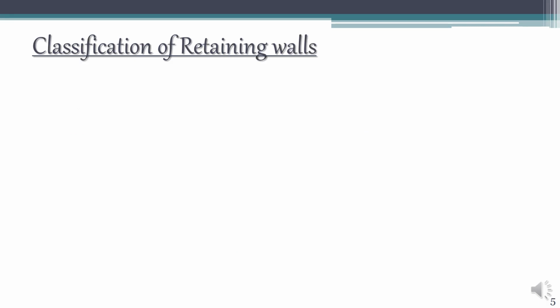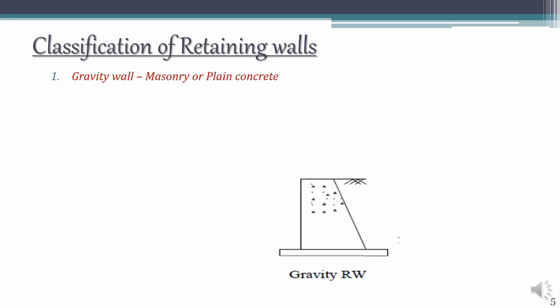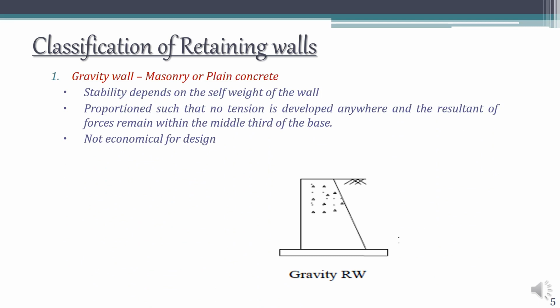Now let's see the different classifications of retaining wall. The first type of retaining wall is the gravity wall, which can be made out of masonry or plain concrete. It works on a principle similar to the gravity dam. The horizontal movement of the structure is completely controlled by the self weight.